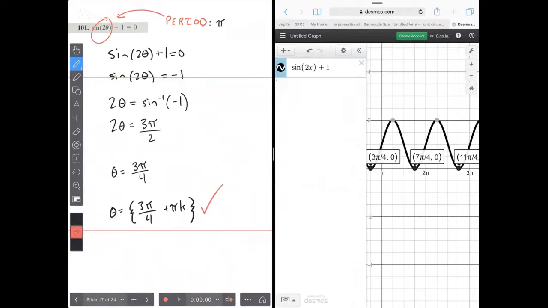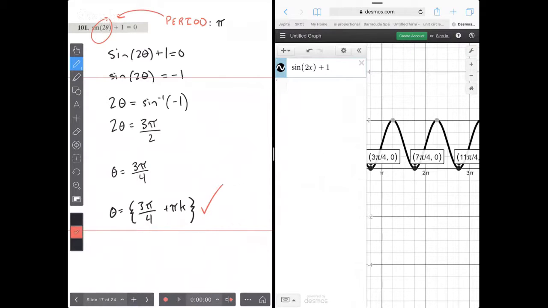Leslie, should we look at some finding maxima, minima, increasing and decreasing intervals, intercepts, and equations of asymptotes? Cool.